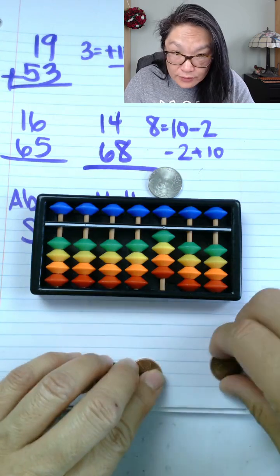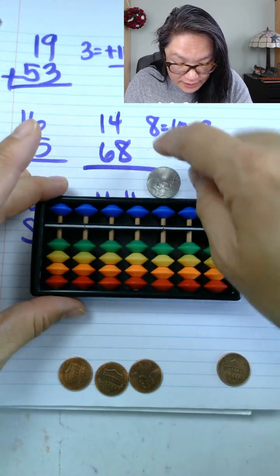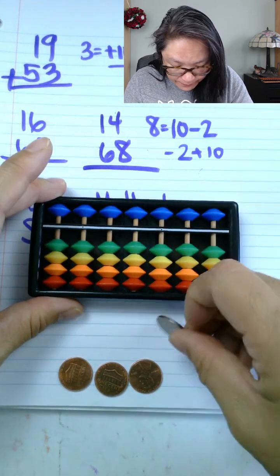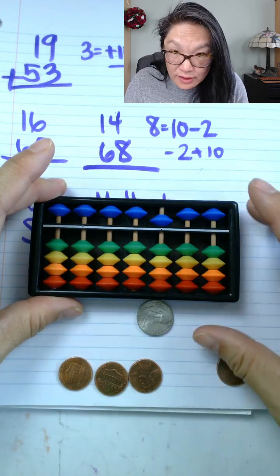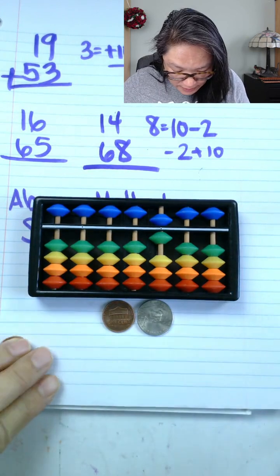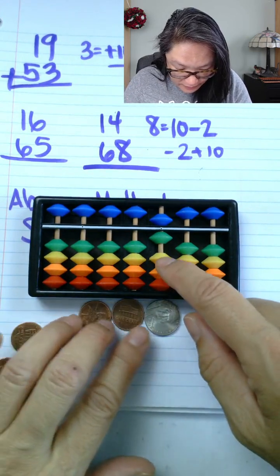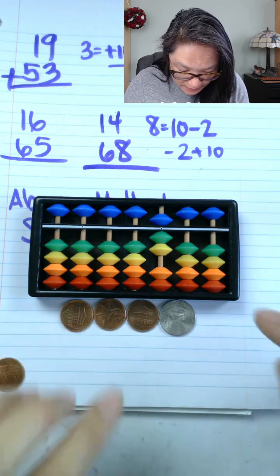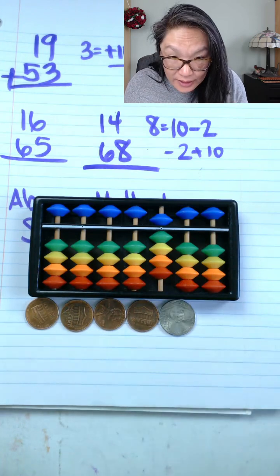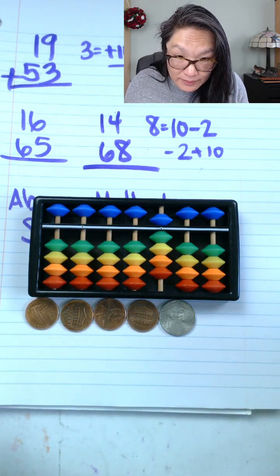That's what 5 looks like, right? This is 1 nickel. This is 5 cents. So we have 5. That's what 5 looks like on the abacus. We have 6. That's 6 on the abacus. 7 on the abacus. 8 on the abacus. 9 on the abacus. Corey, did that make sense?